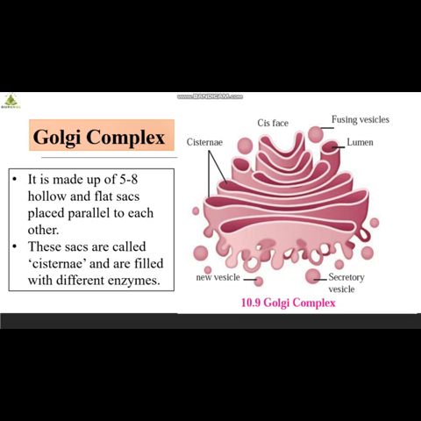Point number 1 says Golgi complex is made up of 5 to 8 hollow and flat sacs placed parallel to each other. Can you see how parallelly they are arranged? These sacs are called cisternae.